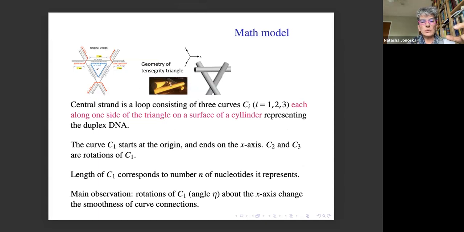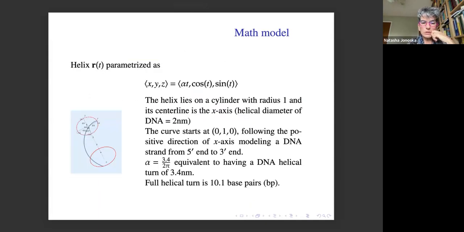We considered the DNA duplex, the double helical structure, as a cylinder, right? And these cylinders are how they form the triangle in 3D. So it's a standard model where we made sure that the diameter is 2 nanometers, and that the helical turn is 3.4 nanometers.